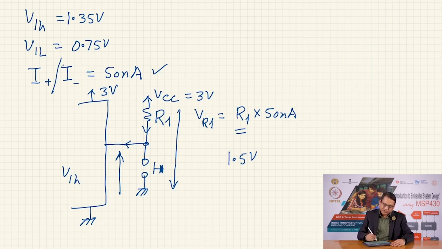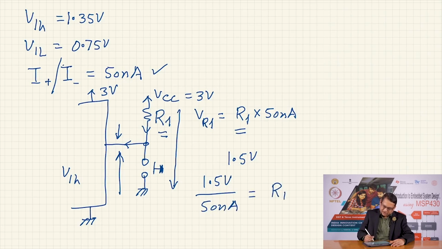So, it allows me a margin of 1.5 volts on R1 and I will still have 1.5 volts at the input, which will be recognized as logic 1, and therefore, we have estimated that VR1 can be 1.5 volts. Therefore, 1.5 divided by 50 nanoampere is going to be the value of R1.